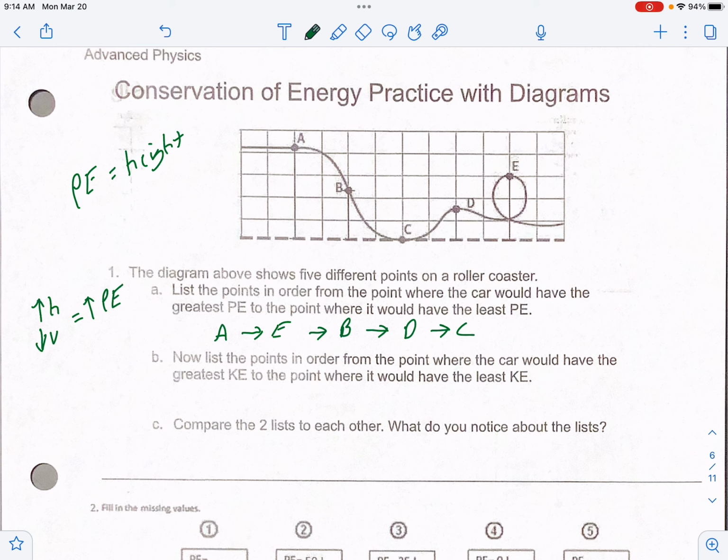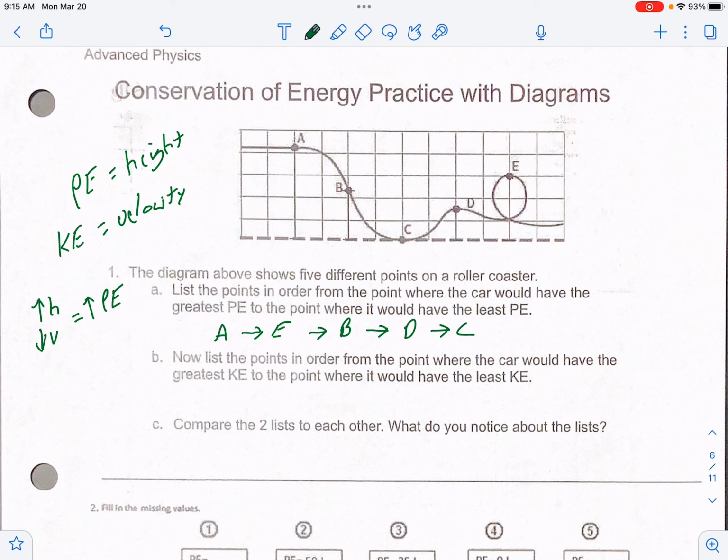Now list the points in order from the point where the car would have the greatest kinetic energy to the point where it would have the least. Remember, kinetic has to do with movement or velocity. At the top of the roller coaster at point A, you don't have velocity. You're building potential energy, and usually you have the fastest speed at the bottom of that hill.